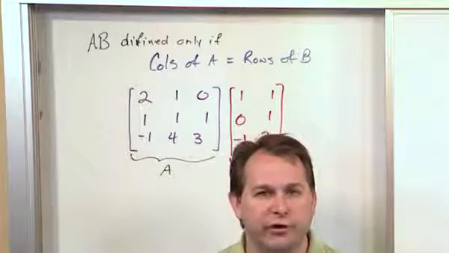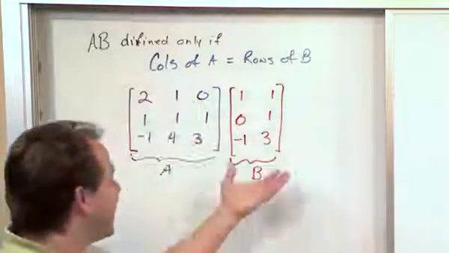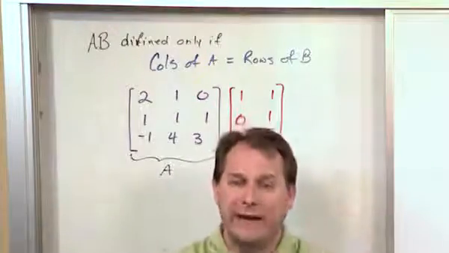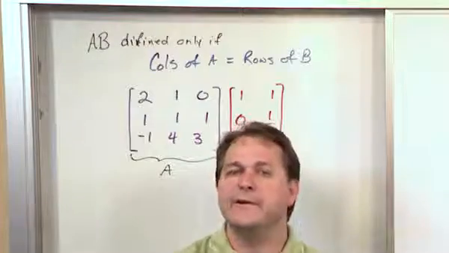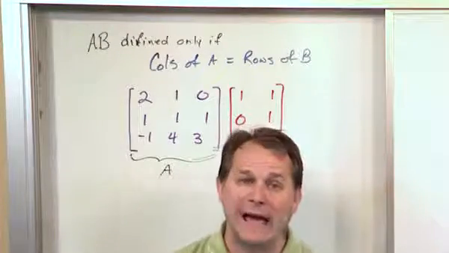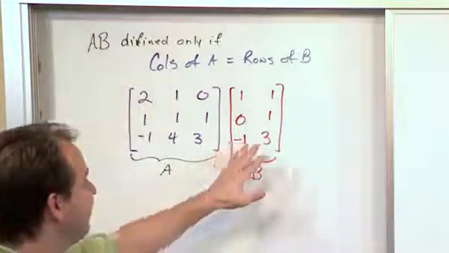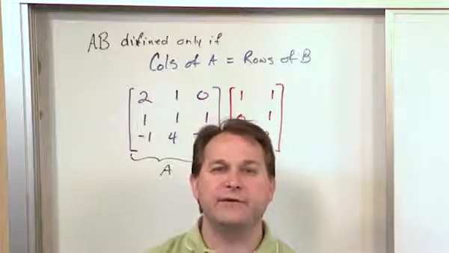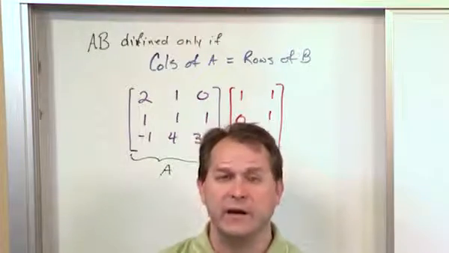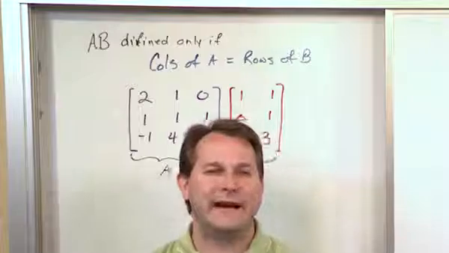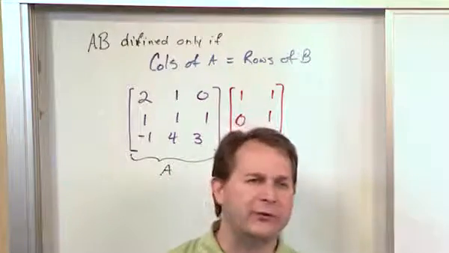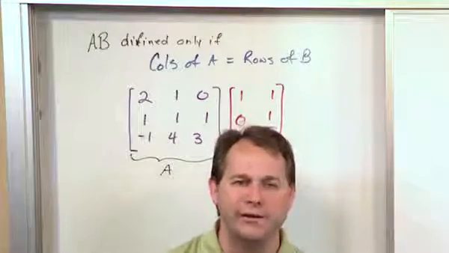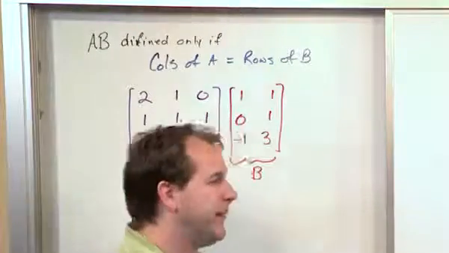But in general, you don't, okay? And in some cases, it's not even possible. So sometimes you can flip the order and actually be able to do the multiplication. You may or may not get the same answer, right? But in some cases, you flip the order of multiplication and you can't even do it at all because it's not defined. So always when you're writing a matrix algebra, multiplication, or some kind of relation involving multiplication, just be careful. The order in which you write it down, the multiplication, is going to matter with matrices.